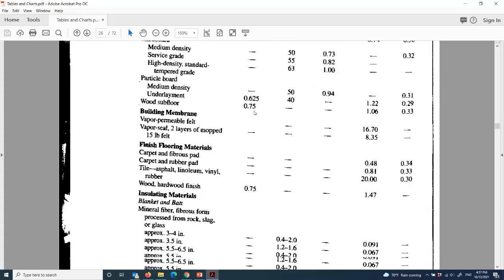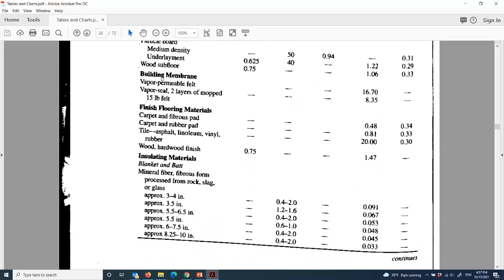You'll be looking for the material that you have, like building membrane, vapor or vapor seals. Usually we take 0 for these because the conductivity is so high, so the resistance is very small. We take it as negligible, 0.